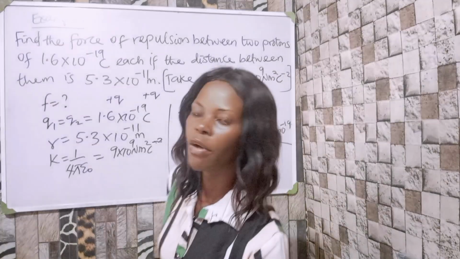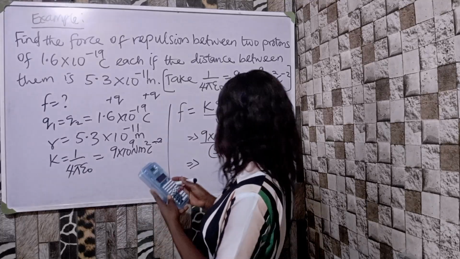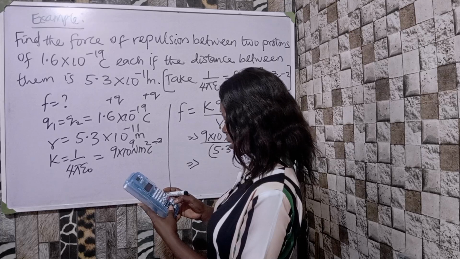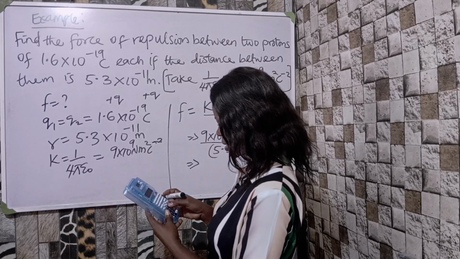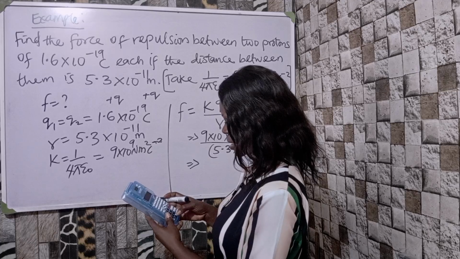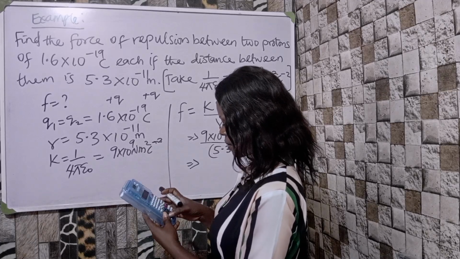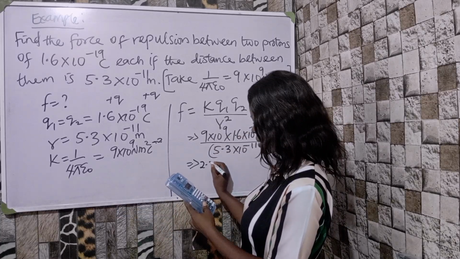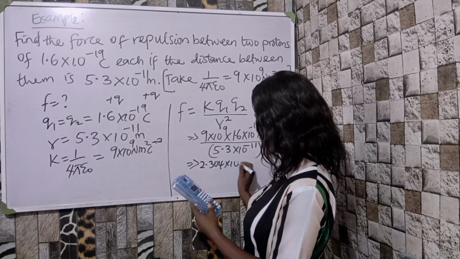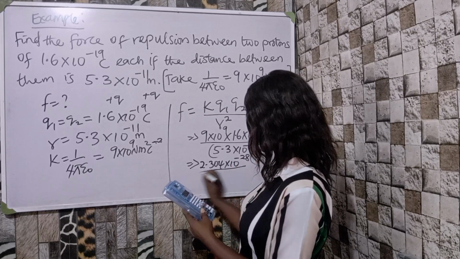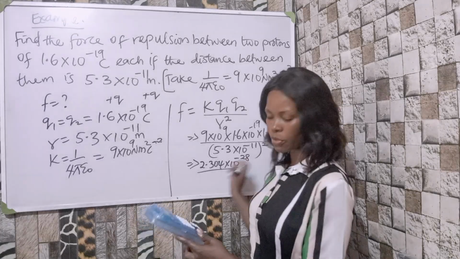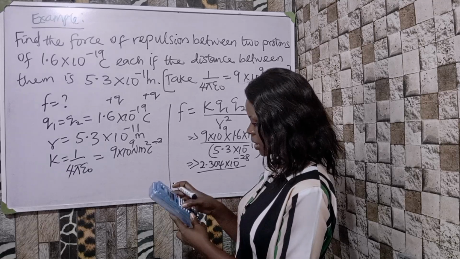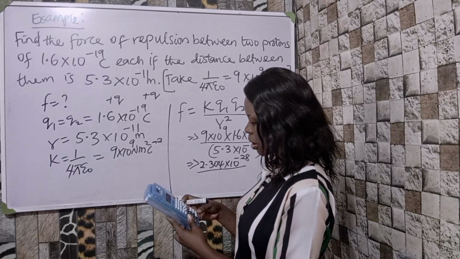Okay, so with the help of our calculator, we have 9 exponent 9 times 1.6 exponent minus 19 times 1.6 exponent minus 19, which is equal to 2.304 times 10 raised to power of minus 28. Divided by, let us square the distance: 5.3 exponent minus 11 all squared.